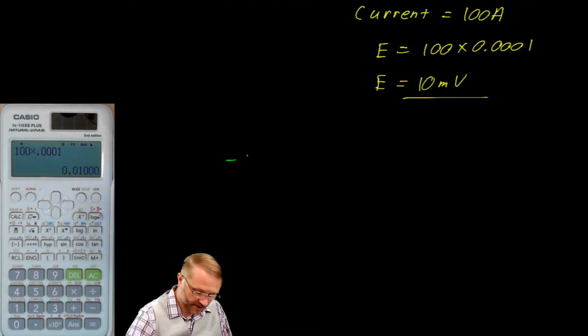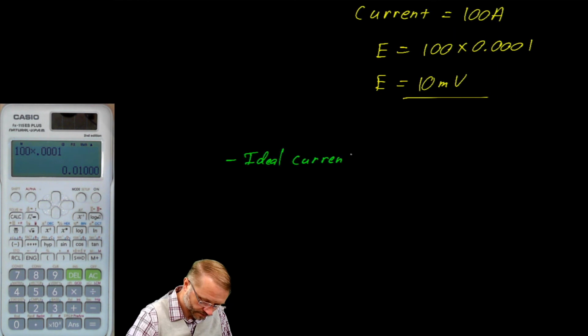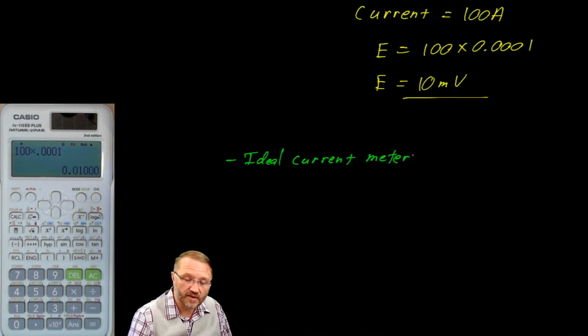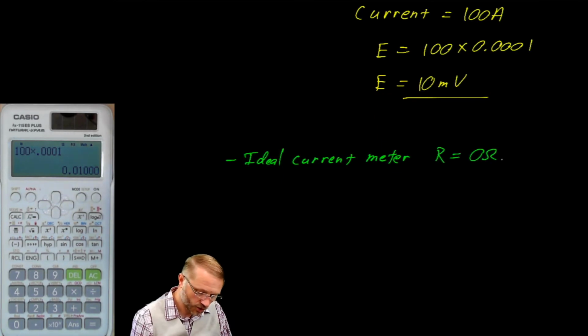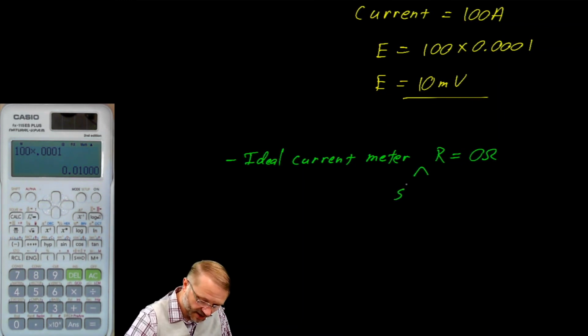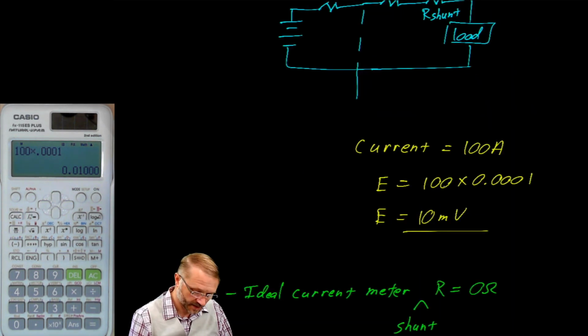If you have an ideal current meter, it has a resistance of 0 ohms. If you wanted to be more specific, the ideal current meter has a shunt resistance of 0 ohms.